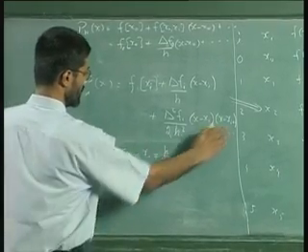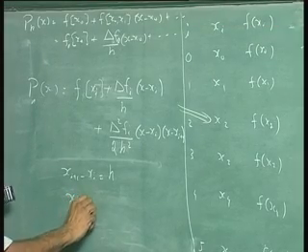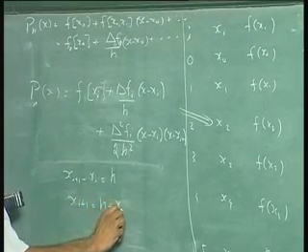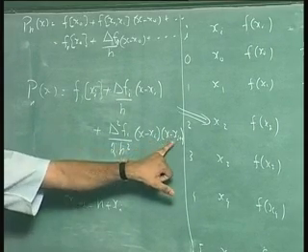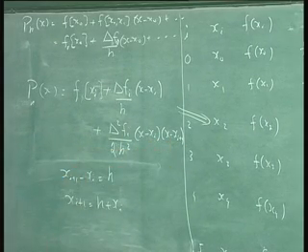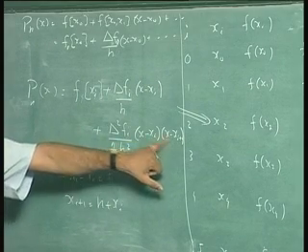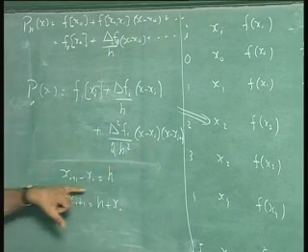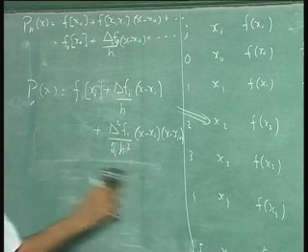So xi plus 1 can now be written as h plus xi, and we can substitute that here. So you get x minus xi plus h. We can write everything in terms of x minus xi, because all these are equidistant. So we can write everything in terms of xi, and write it in a simple form.